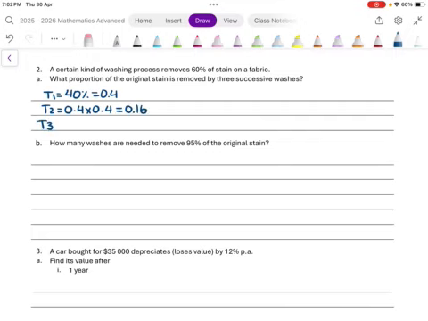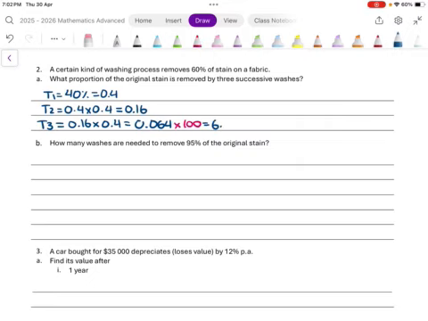T3 is equal to 0.16 times 0.4, so timesing by 0.4 each time, and when we get that, we get 0.064. Okay, times it by 100.